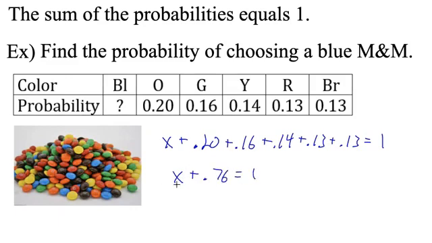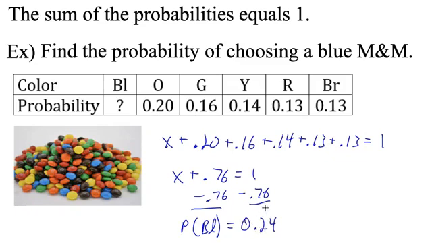And remember, x is the probability of getting blue. So to figure out the probability of blue, we can just subtract 0.76. So we get the probability of choosing a blue marble equals 0.24. So to write our equation, we use the idea that the sum of all the probabilities must equal 1.